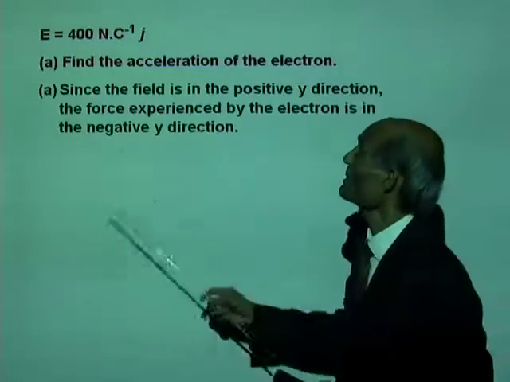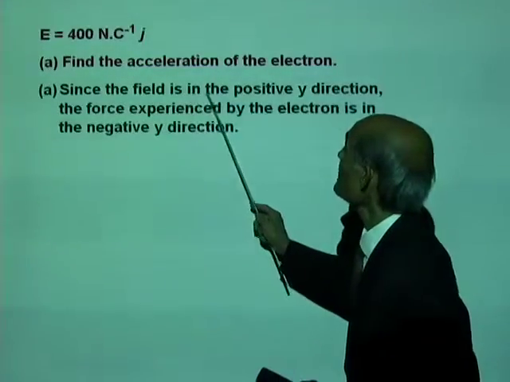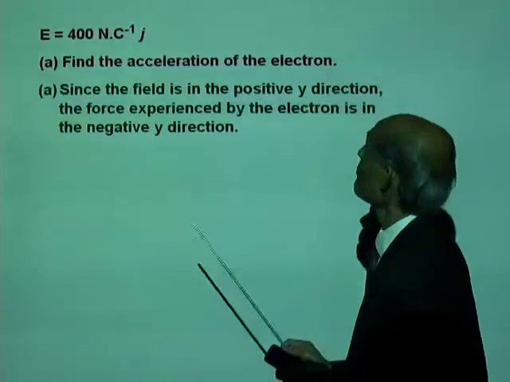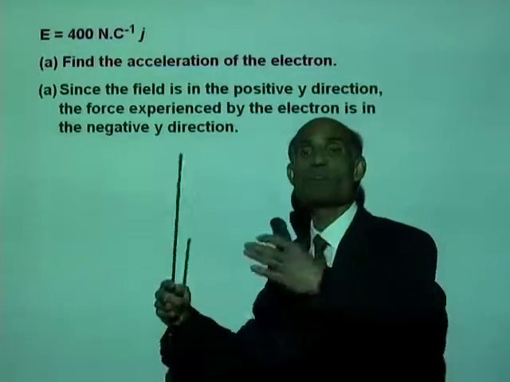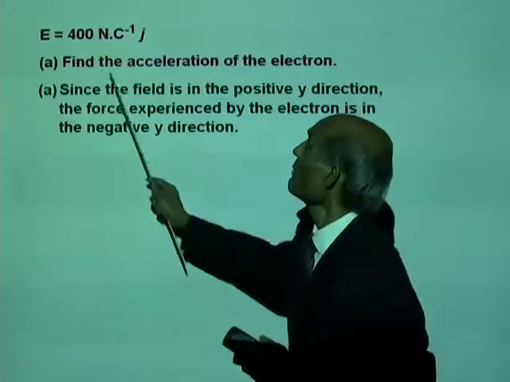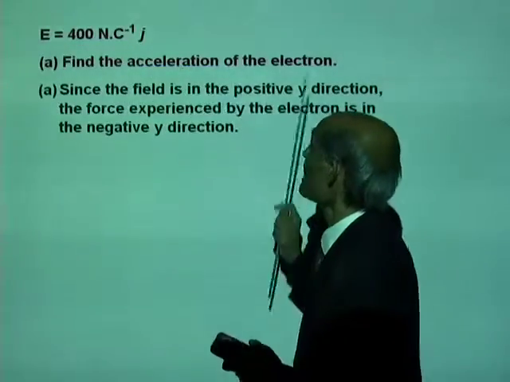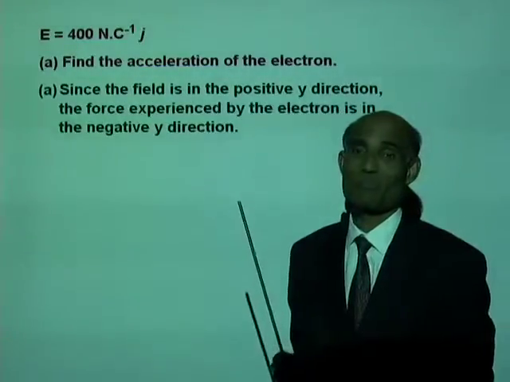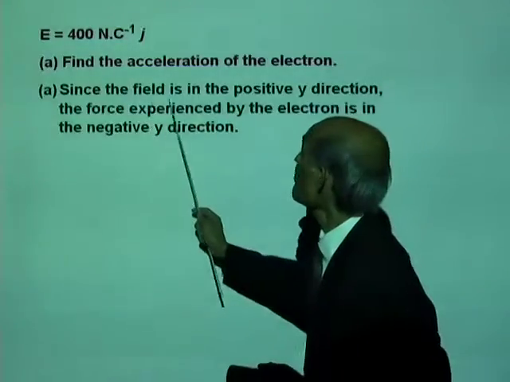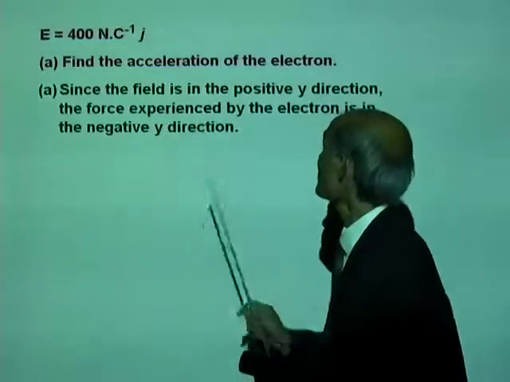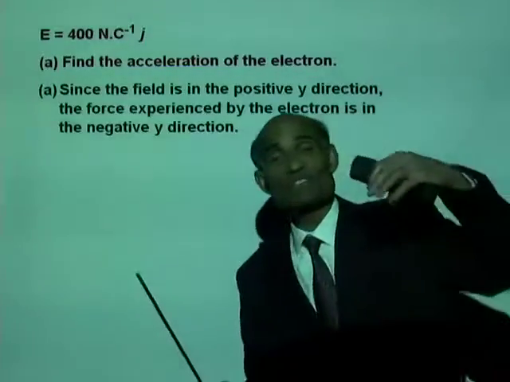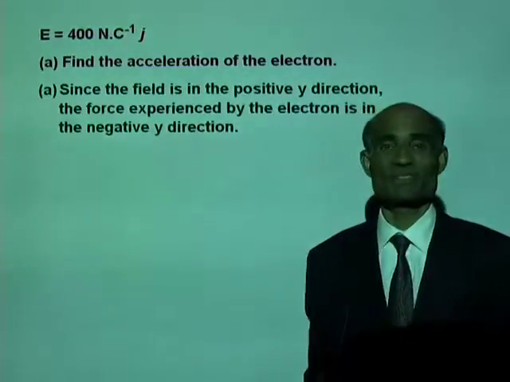Let's talk about it. Since the field is in the positive y direction, let's start with part A, then we will come back to part C later. Part A: find the acceleration of the electron. Since the field is in the positive y direction, the force experienced by the electron is in the negative y direction.